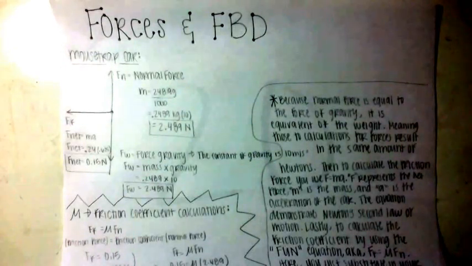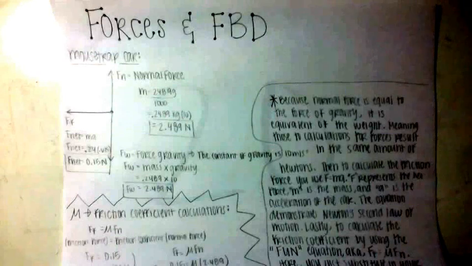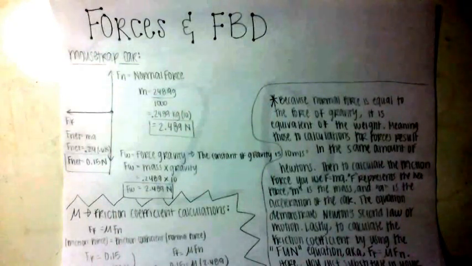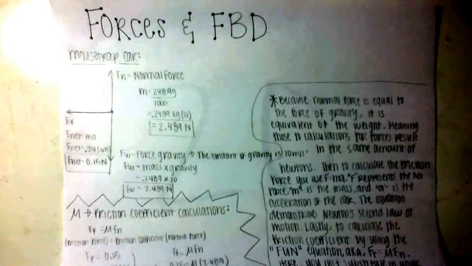And to calculate the friction force, we used force equals ma, where F is the force, m is the mass, and a is the acceleration. So this equation also demonstrates Newton's second law of motion. So then you just plug in your values, and we got our friction force, or net force, was 0.15 newtons.